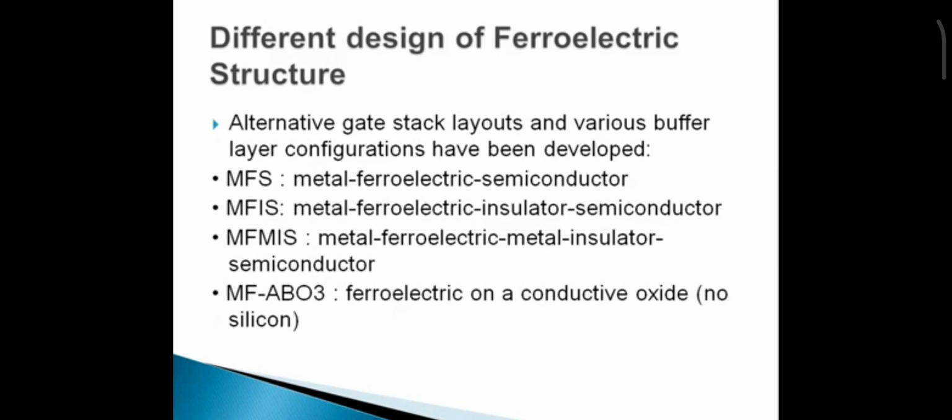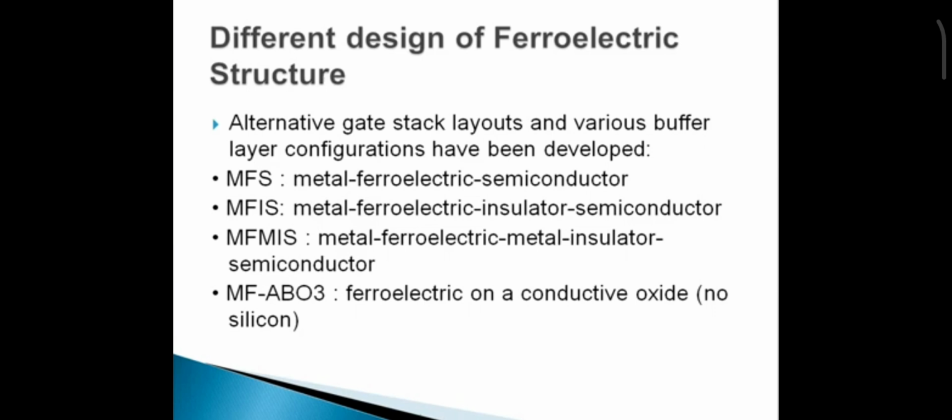Different designs of ferroelectric structures. Alternative gate stack layouts and various buffer layer configurations have been developed. First one is the MFS, metal ferroelectric semiconductor field effect transistor. We have already talked about the metal ferroelectric semiconductor field effect transistor.